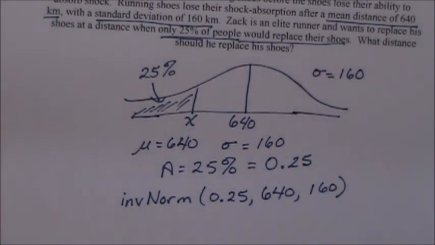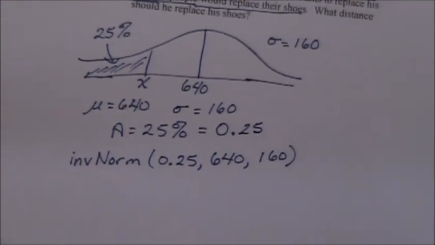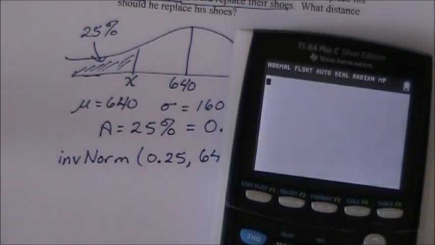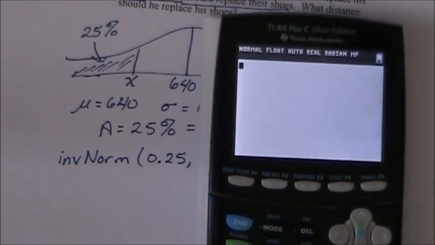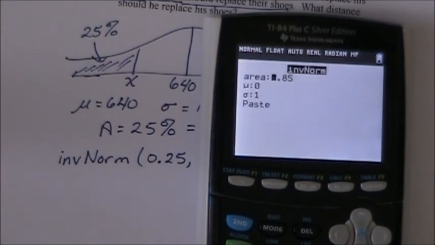So now that we have our work done on our piece of paper, we can go to our calculator, and to find the inverse norm on our calculator, we're going to go second vars, and it is the third option. So this time our area was 0.25. Our mean is no longer 0.